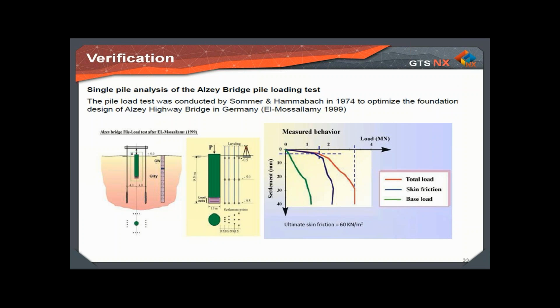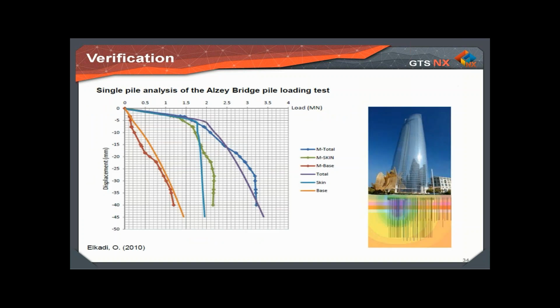And we have simulated the exact same pile behavior. The pile is a 1.3 meter diameter pile with 9.5 meter length. We have simulated this using the embedded pile technique, and we are satisfied with the behavior we could capture: the total load behavior, skin friction, and the base resistance. We can say that we can capture them in a reasonable way as individual components. So that was satisfactory.